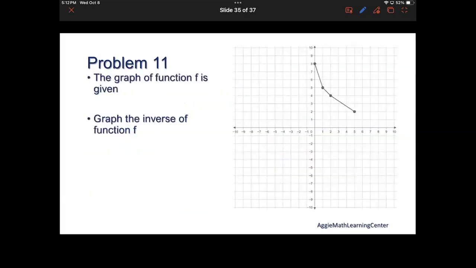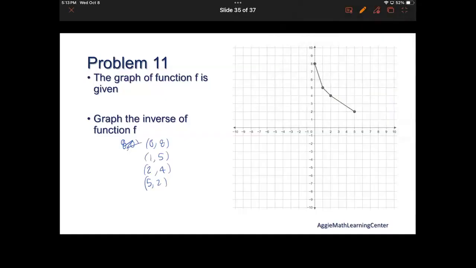Ta-da! Hooray! Okay, the graph of f is given, graph the inverse function of f. This one's really fun because, like we noticed, we just need to flop the x and y coordinates. So I've got (0, 8), (1, 5), (2, 4), and (5, 2) on the original graph of f.